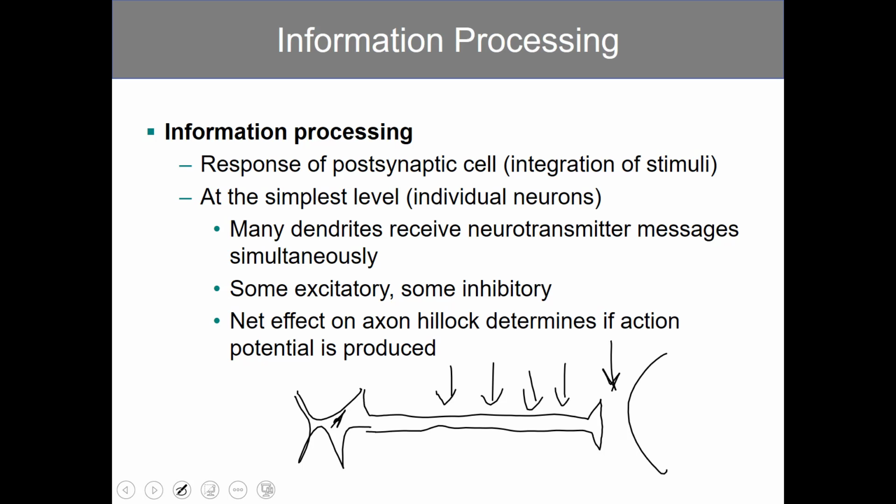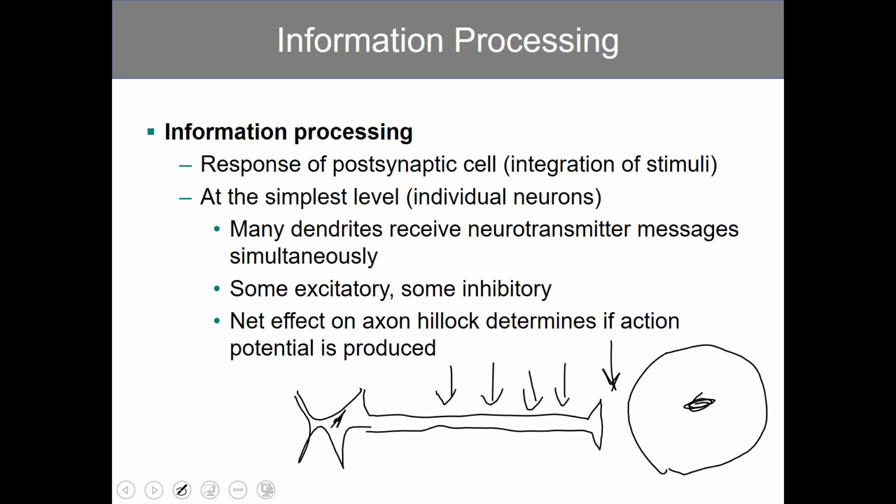The last component is information processing. How does the postsynaptic cell respond? You really have two ways of responding. Either they're going to be depolarized and pass the signal on or react to the signal, or they're going to be inhibited. So that's information processing, the response of the postsynaptic cell.